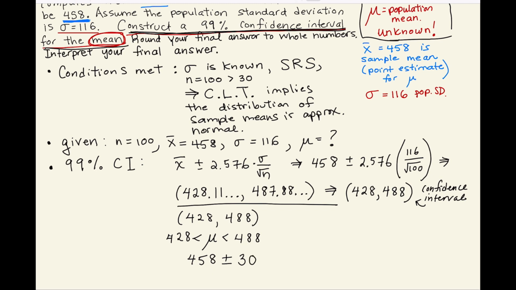In more general notation, this one is x bar minus the margin of error, comma, x bar plus the margin of error. The second is x bar minus the margin of error is less than mu, which is less than x bar plus the margin of error. And finally, we have x bar plus or minus the margin of error.